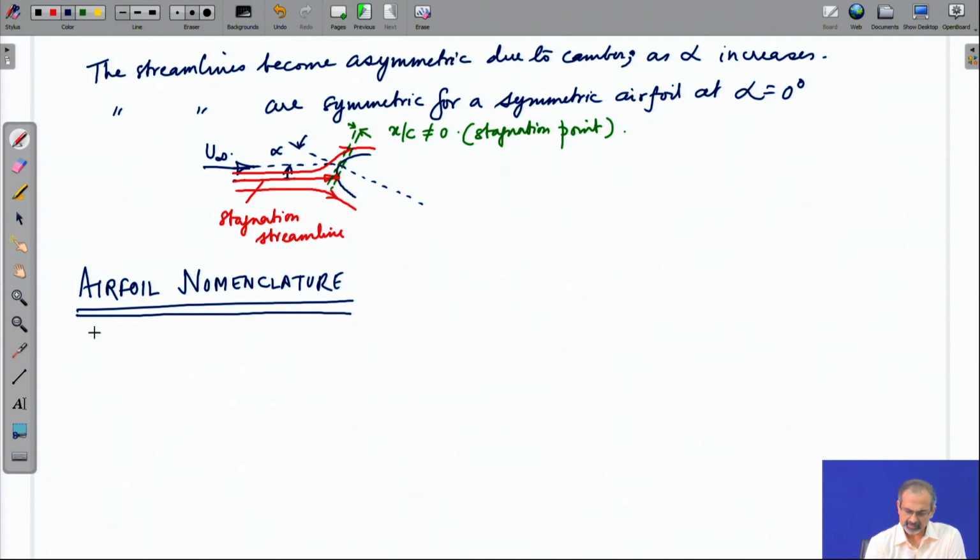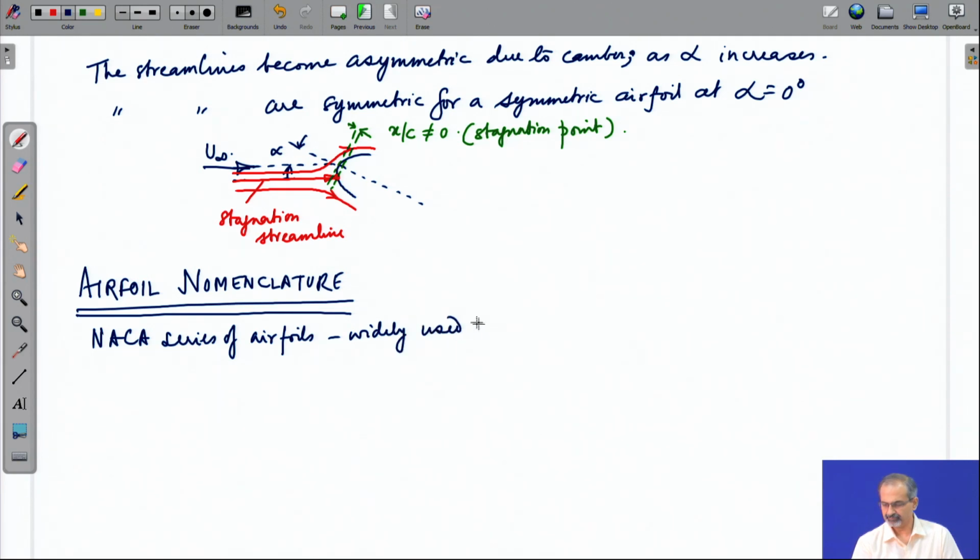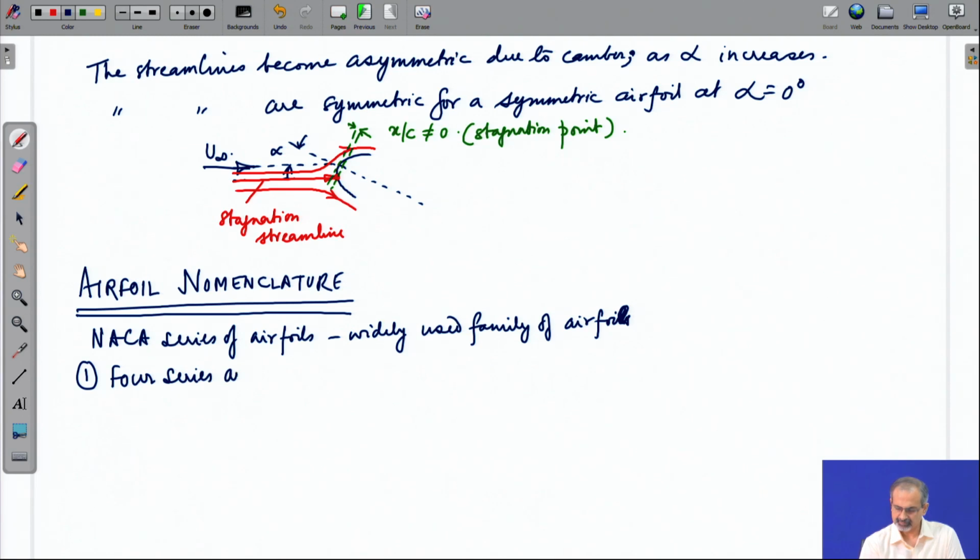We will discuss mainly about NACA series of airfoils, which are a very widely used family of airfoils, and one of the first to be developed systematically in the early days, mainly through internal testing. To begin with, we have the 4 series airfoils family.